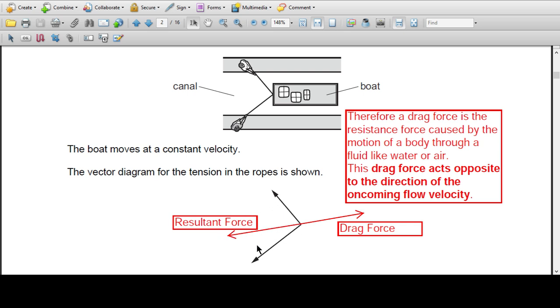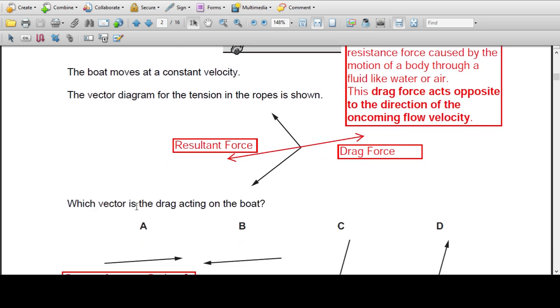We placed this vector on this vector by the head-to-tail rule, and we got the resultant tension of these two vectors. And opposing this resultant vector we have a force called drag. So we have been asked which vector is the drag.